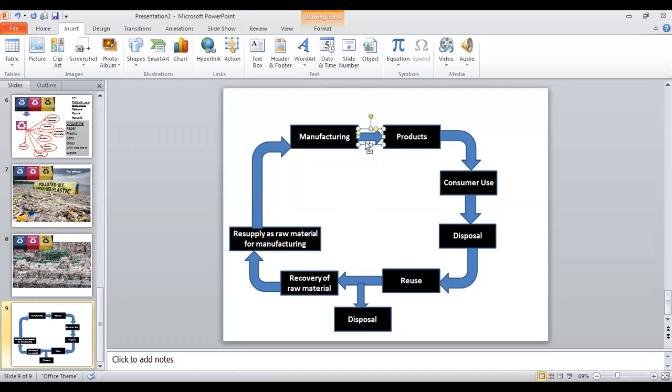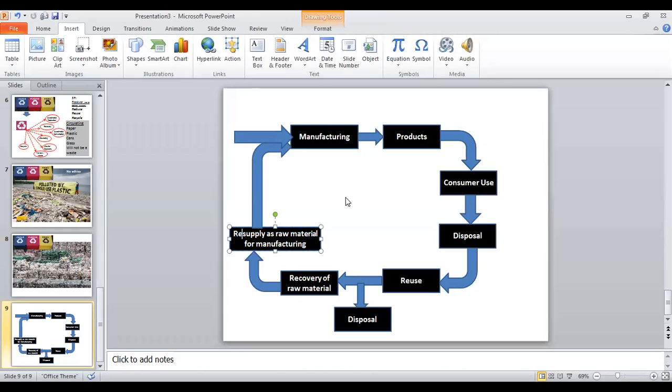Of course, some fresh raw material also will come. So part fresh, part recycled. So that is recycling.